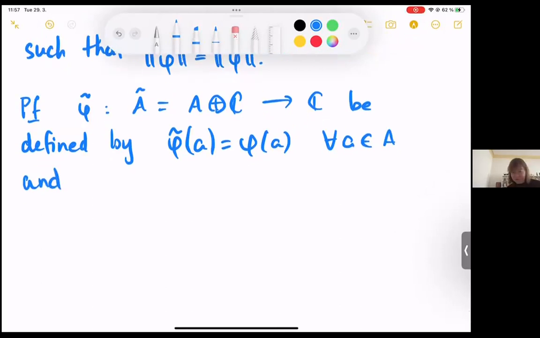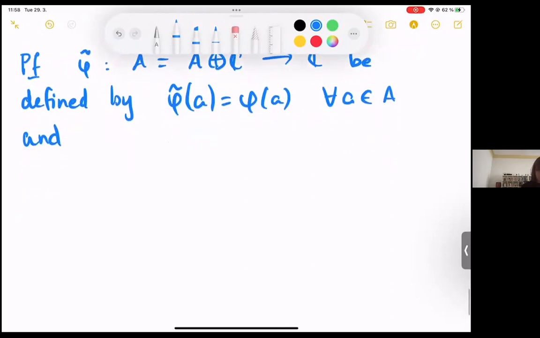And I guess we can all guess what we will get for phi of lambda, for lambda in C. Well, let's just make that lambda times the norm of phi.